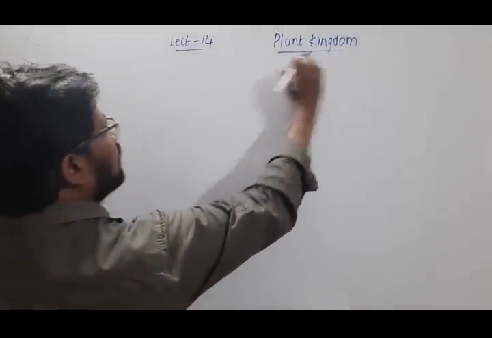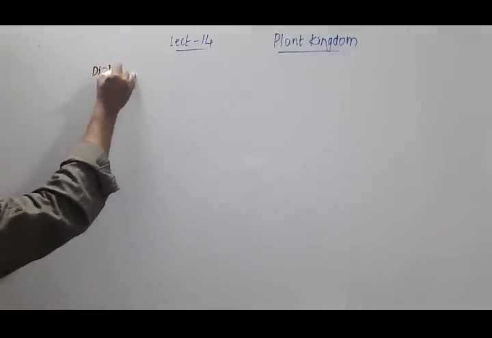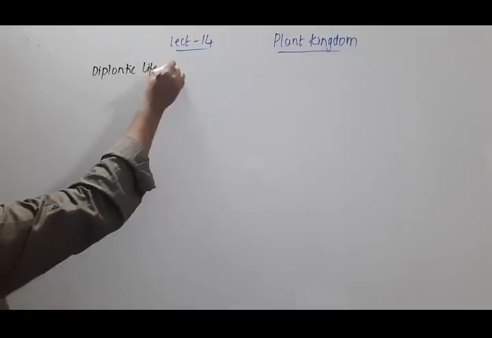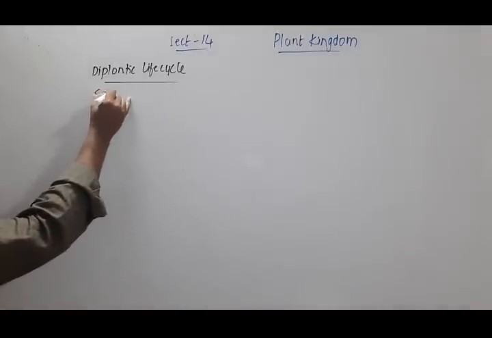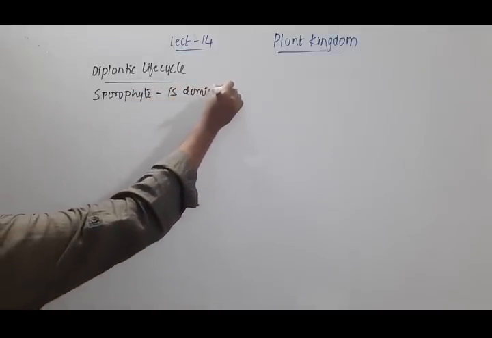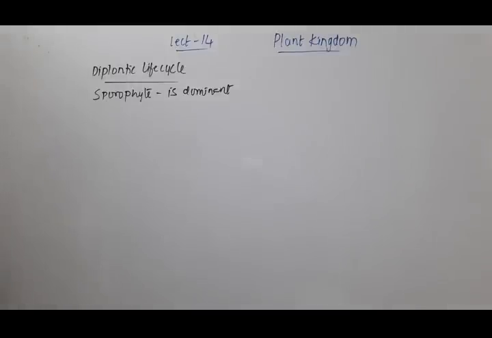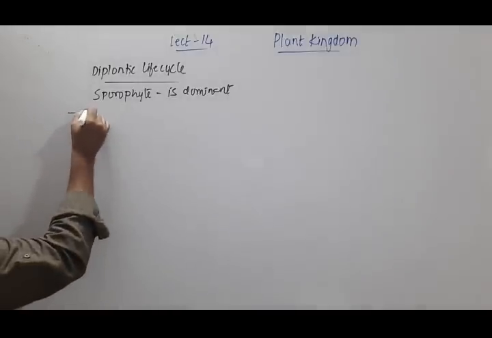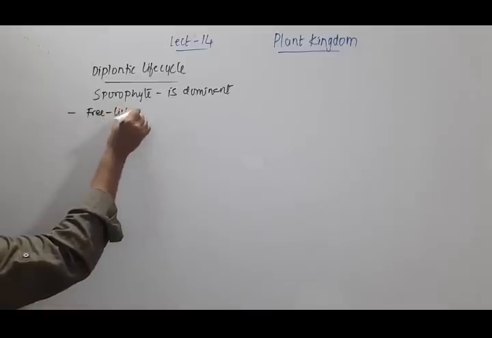So we'll see about the diplontic life cycle. Coming to this diplontic life cycle, here the sporophyte is dominant. The sporophyte will be dominant, and this sporophyte is free living, so that is independent.